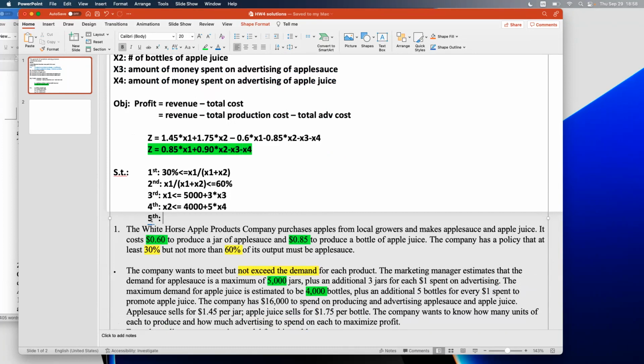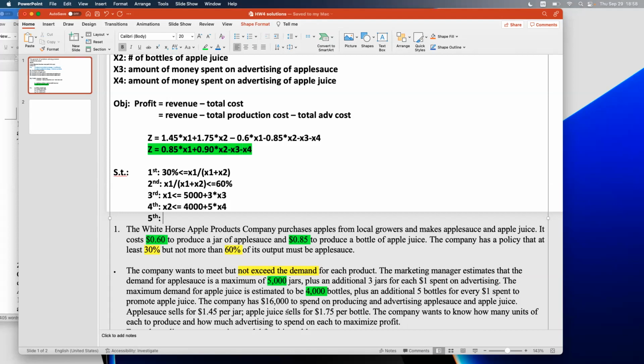The fifth constraint is the spending on producing and advertising. What's the cost? Your upper bound of budget is $16,000, which means the total money you spend on producing and advertising cannot exceed that.